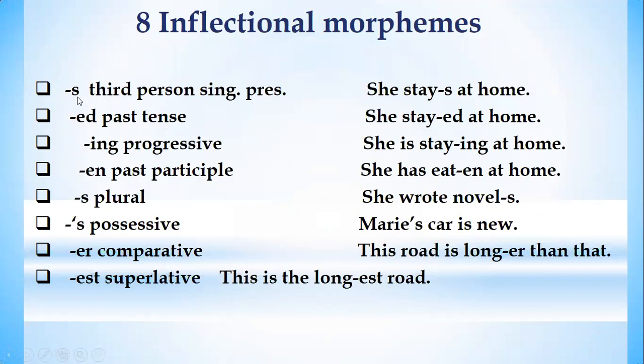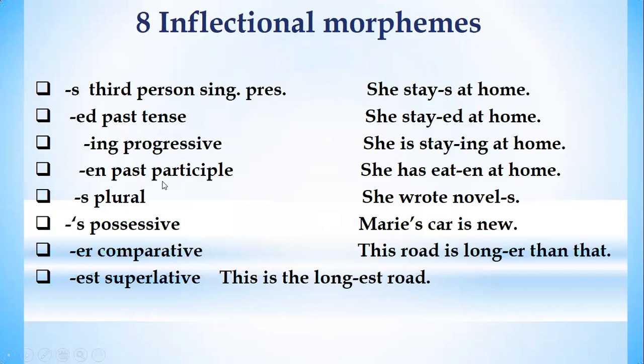For example, the S, third person singular: she stays at home. We add S because this is singular, so subject-verb agreement. The ED past tense: she stayed at home. The ING progressive: she is staying at home.